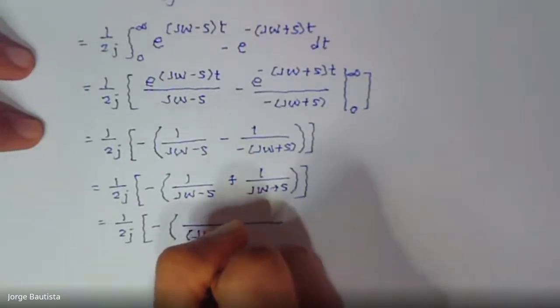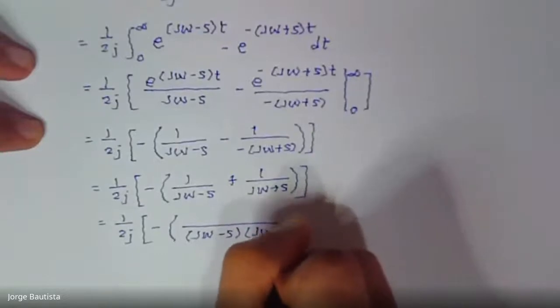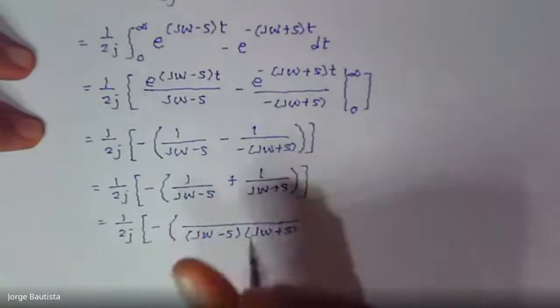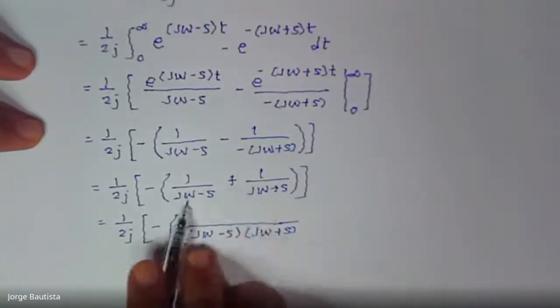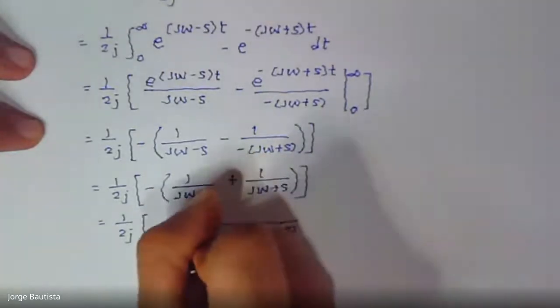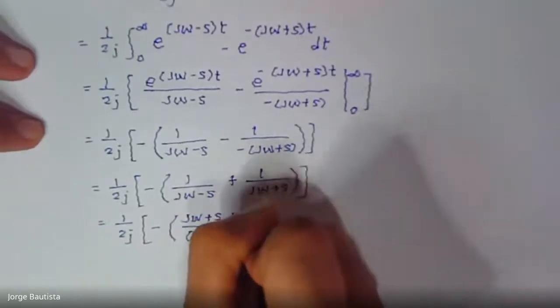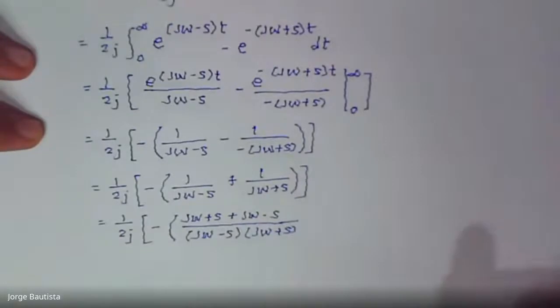So, you have j omega minus s multiplied by j omega plus s. Yan. Okay? Tapos, siyempre ito, lipat doon, ito, lipat doon. Kasi, kukunin mo yung common denominator. So, j omega plus s plus j omega minus s. Yan. Yan, no?